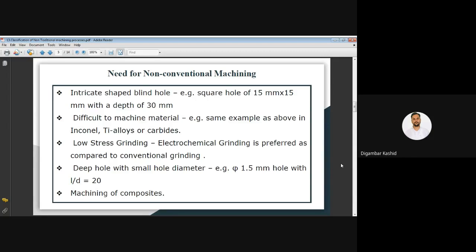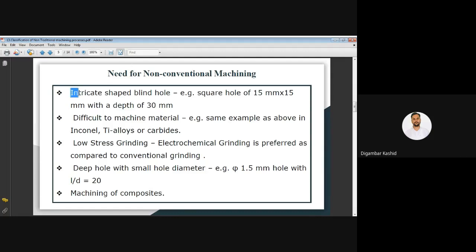Now, I have mentioned the points on this slide. These are the examples where non-traditional machining processes are preferred over conventional machining processes.